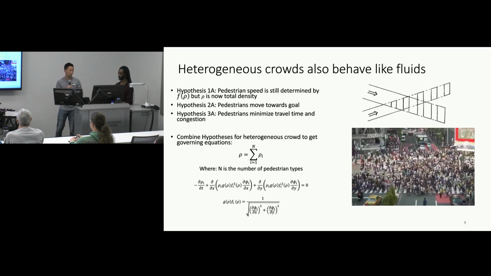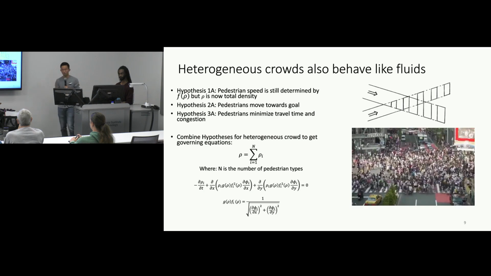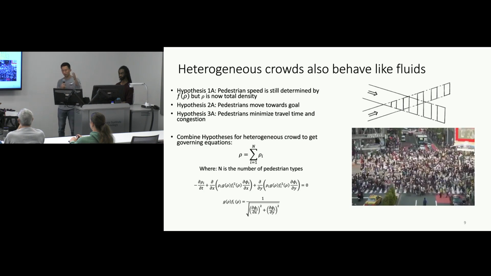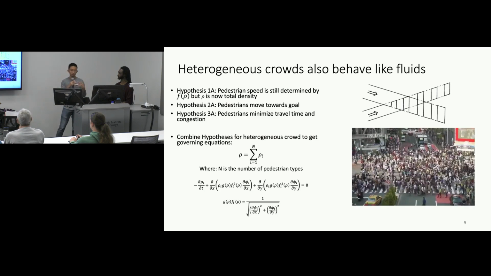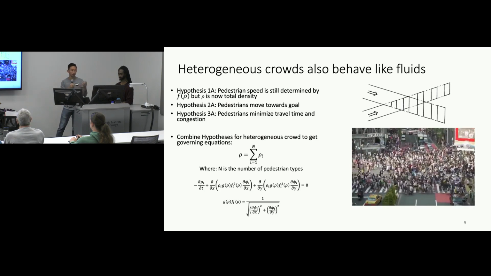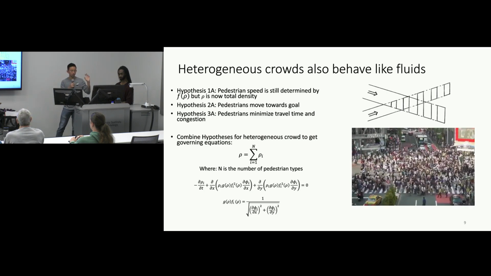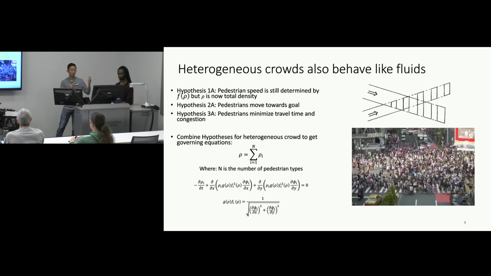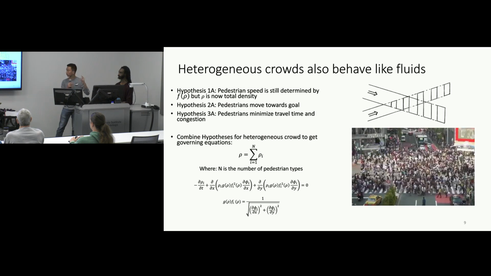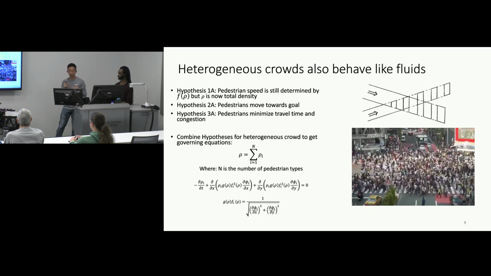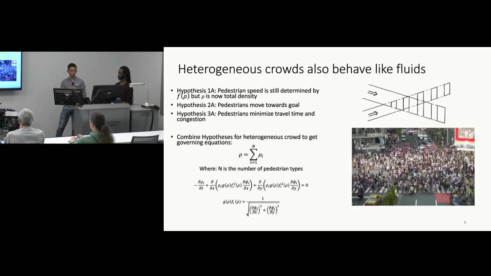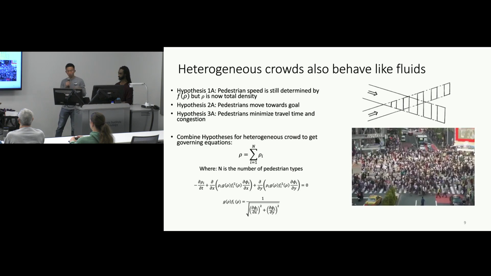So in the top example, you get two densities, density 1 on the top, 2 on the bottom, and they're meeting at an intersection, so that you can run the same hypotheses, have multiple pedestrian types, and combine those into the same Navier-Stokes, but this time with multiple groups of people.